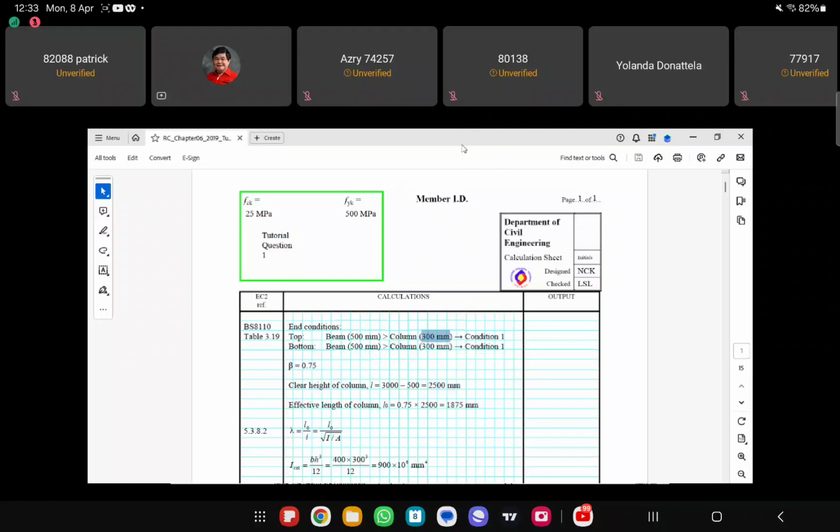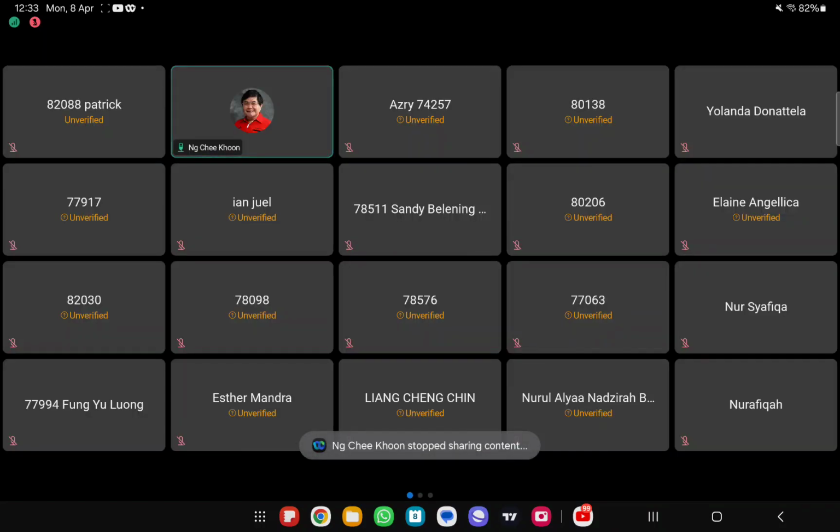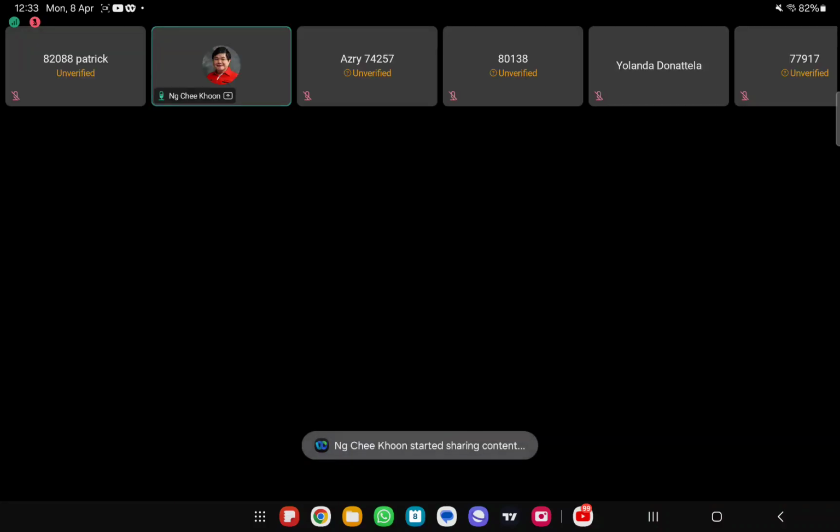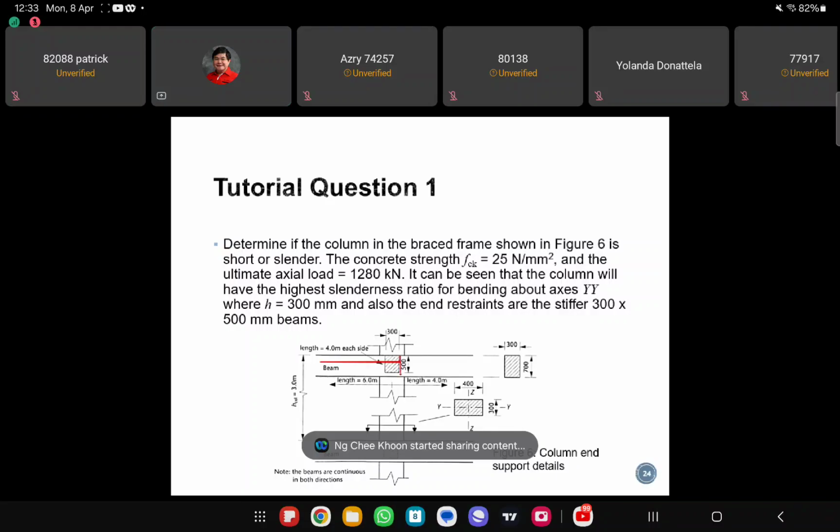So this beam will be taken as the restraining beam, and this beam will be taken as the restraining beam about y-axis bending.